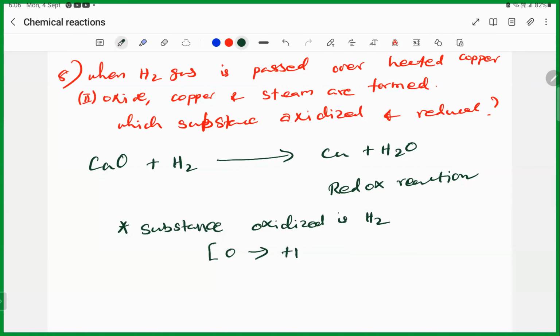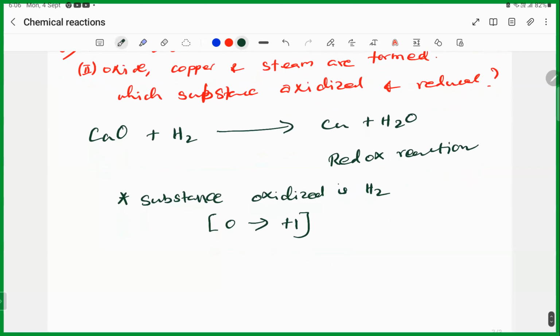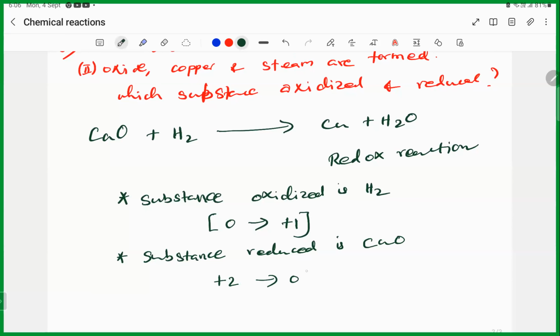Correct? So oxidation number increases, that's why it is oxidized. What is the substance reduced? Copper oxide, because the oxidation number goes from plus 2 to 0. Understood?